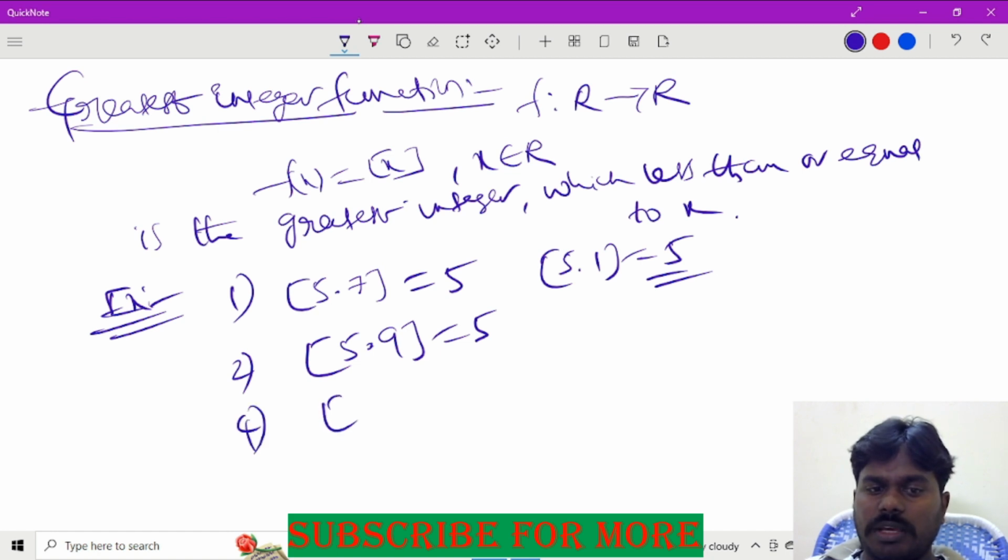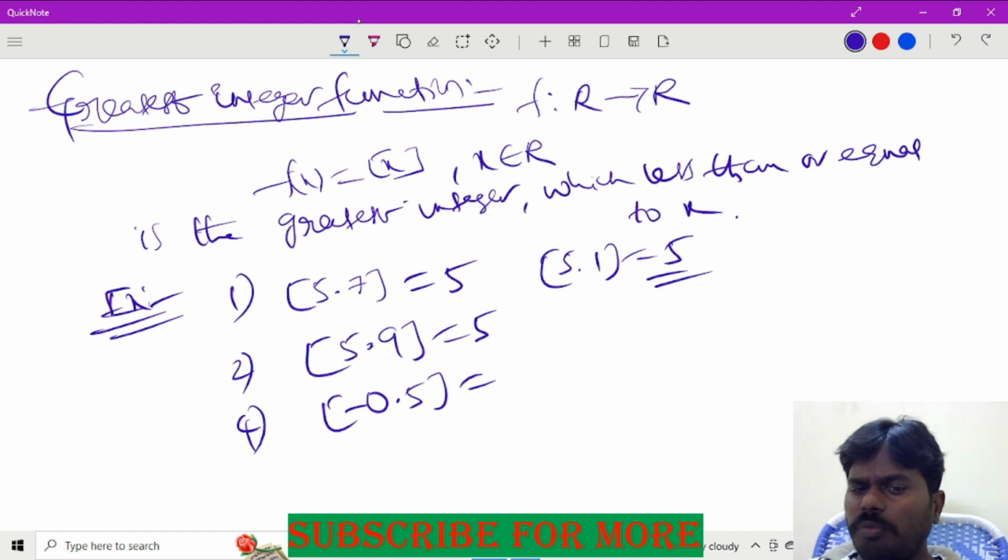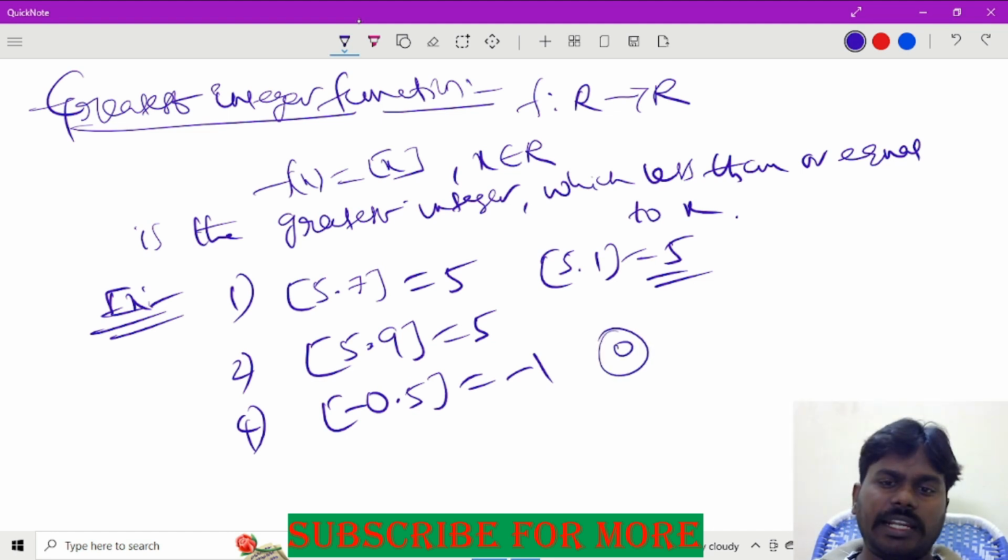Suppose I am taking minus 0.5. Now minus 0.5 means it is not 0, it is minus 1, because we also have negative integers. When you take 0, 0 is an integer which is greater than minus 0.5, so this 0 we cannot consider.